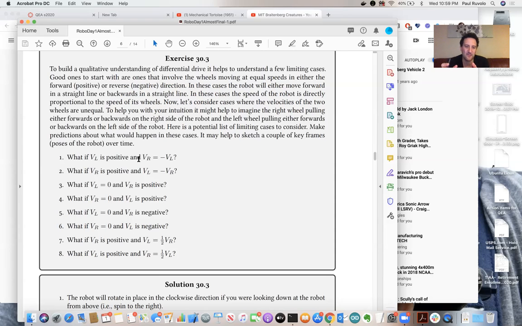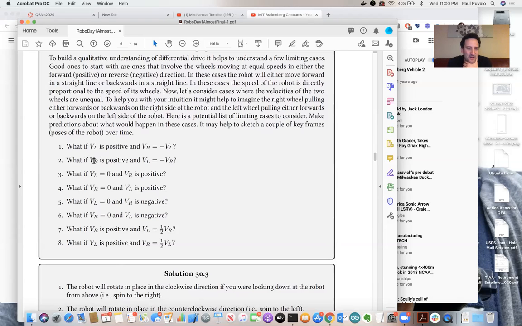And then the right wheel is going to be rotating backwards because it has a negative velocity, and it's also going to tend to turn the robot around clockwise. So this robot would spin in the clockwise direction, again, if you're looking down at the robot, and it would spin in place, and that's because the velocities are equal and opposite.